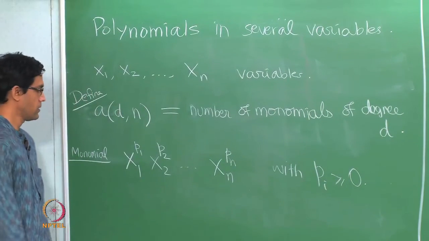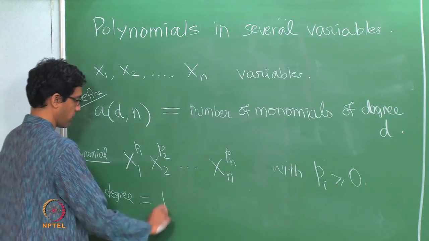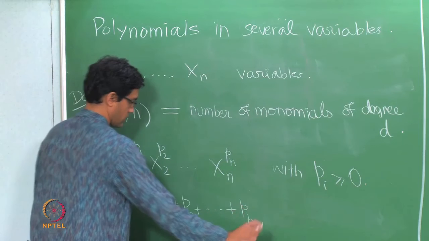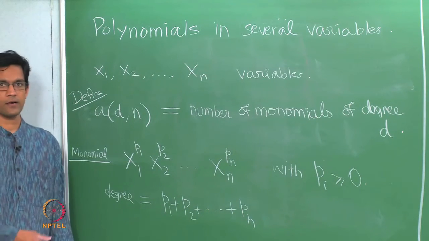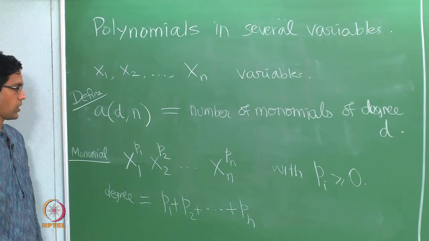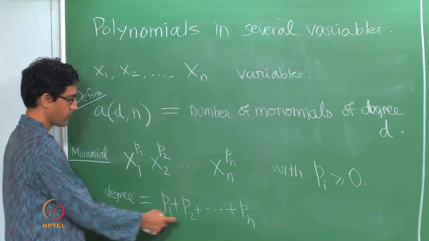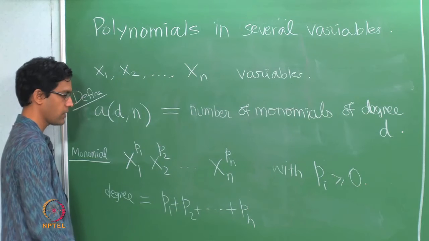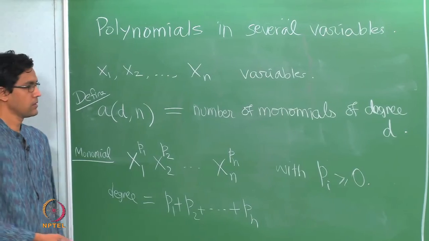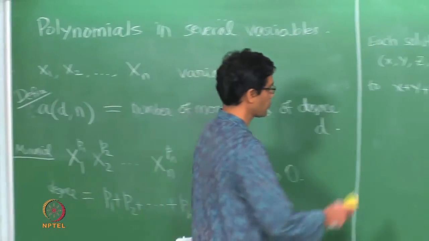The degree of this monomial is just the sum of all the powers. So the problem of counting the number of monomials of degree d translates into the following: find the number of solutions to the equation p1 plus p2 plus p3 till pn equals d, where all the pi's have to be non-negative integers. Observe that is exactly the general problem 2 that we talked about.